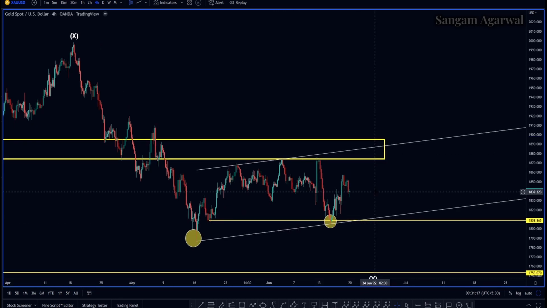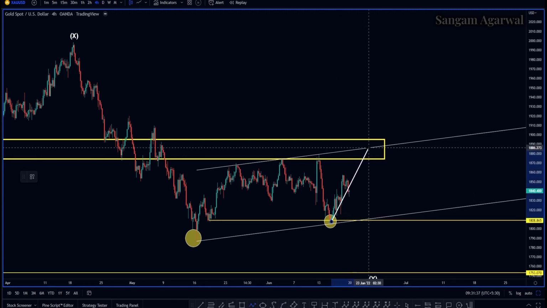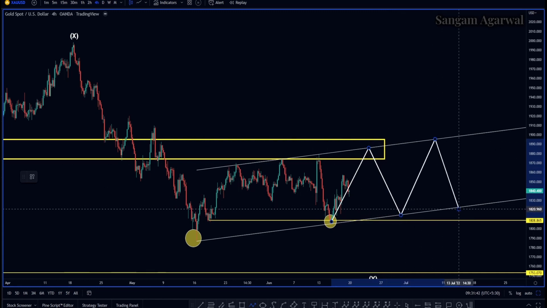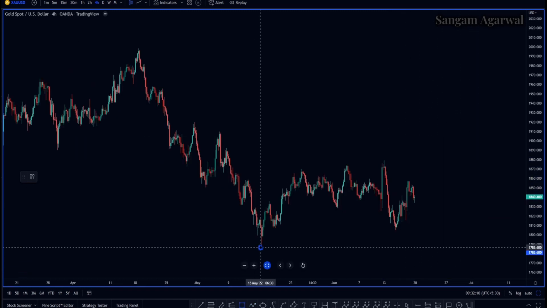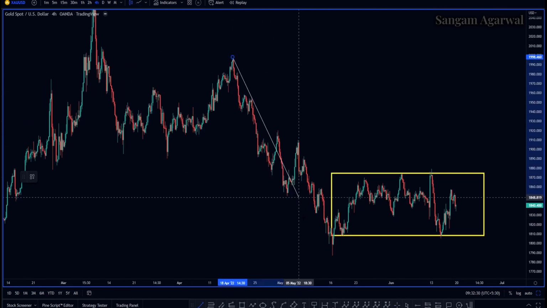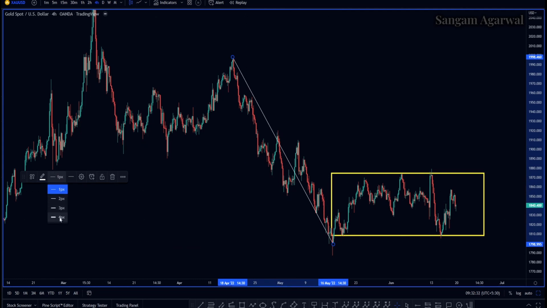So if this is a sideways correction until this Fed QT ends, then gold can spend the next 1 month inside this channel, testing the upper line of the channel, then the lower line, upper line and lower line, because this range between 1875 and 1808 can be a correction after this bearish trend.